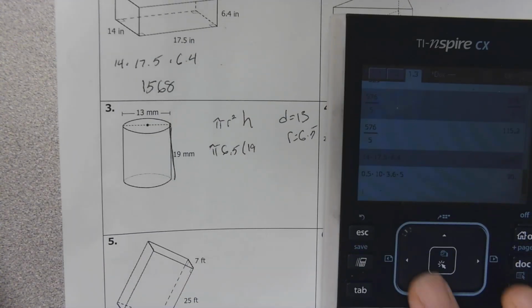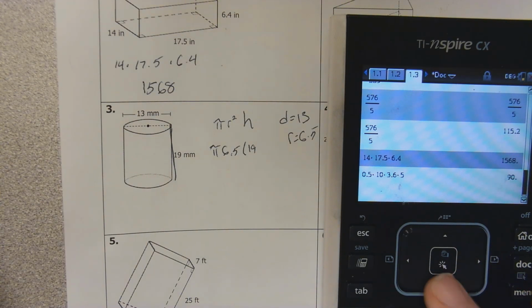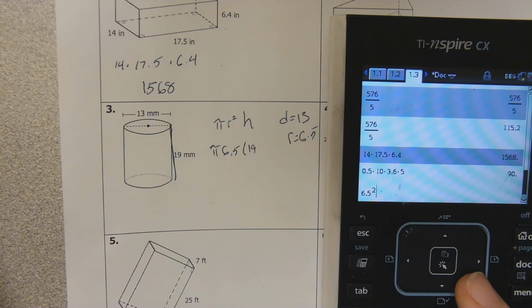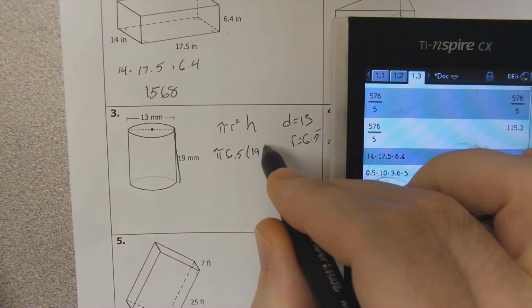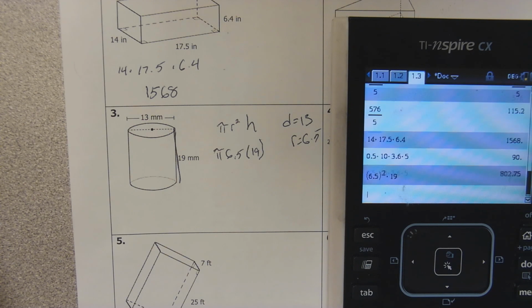So, we do 6.5 squared times 19, and we get 802.75.